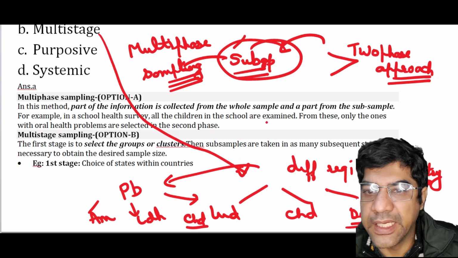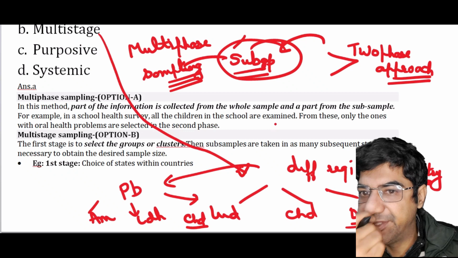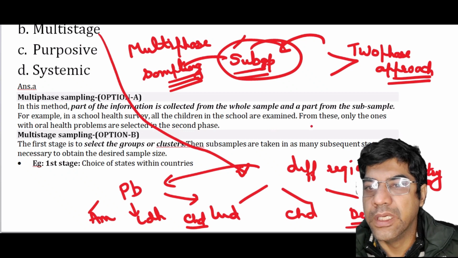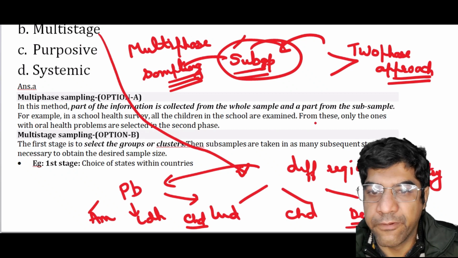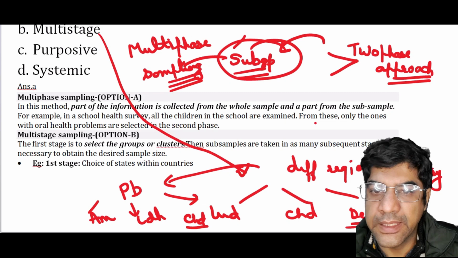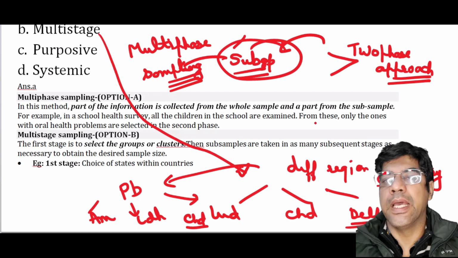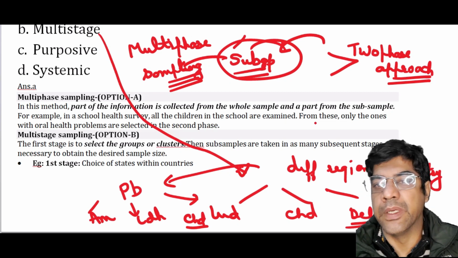Finally, in the third stage, you pick the neighborhoods within each city. So this multi-stage approach involves selecting groups from clusters at each stage, starting from the broader regions and then gradually narrowing down to the specific neighborhoods.